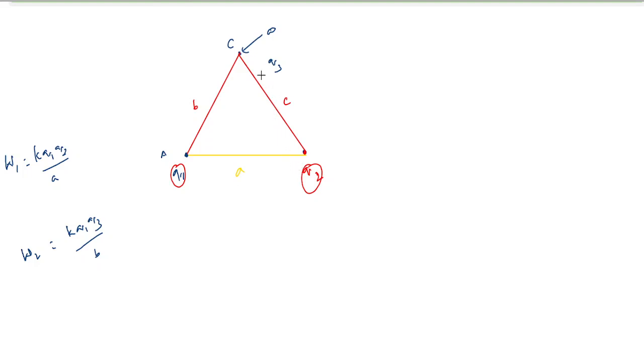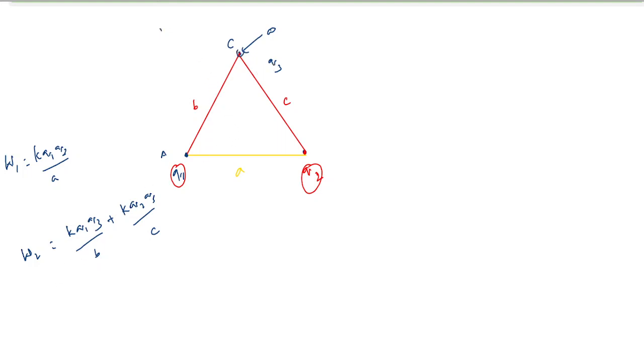The work done to bring this charge from infinity to this point would be seen as the two charges' potential energy, and that work done adds up also. It becomes K Q2 Q3 by C. So the work done to bring this charge from infinity to assemble here would be this value.